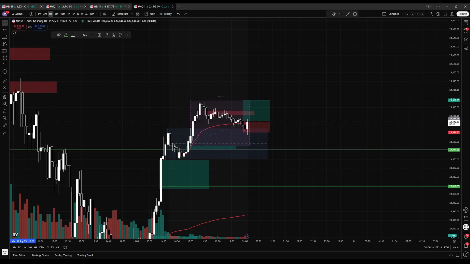Put our stop below the low. We have some resistance prior. So it's likely we're not going to come back and get wicked out there.